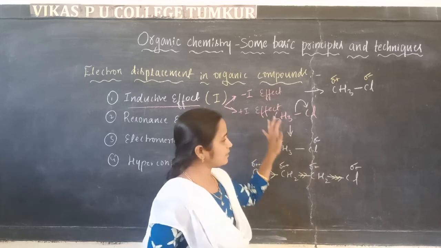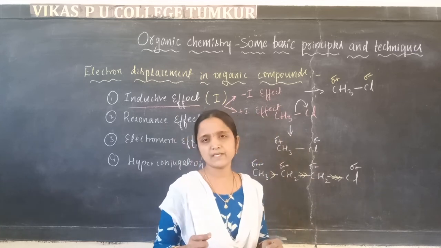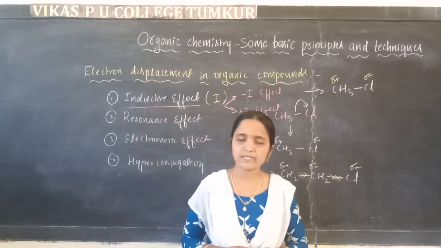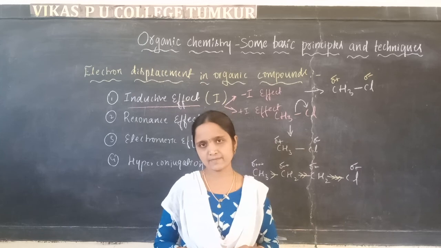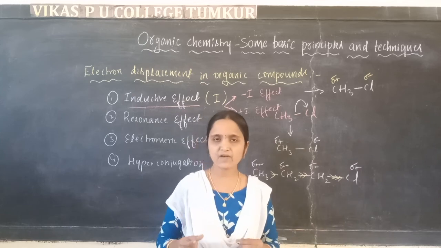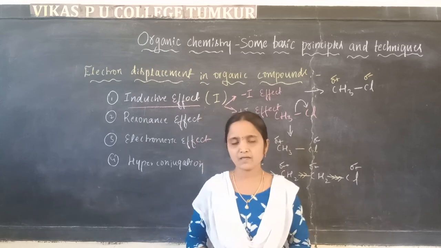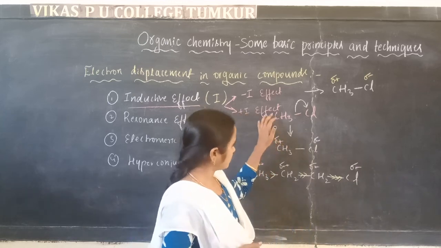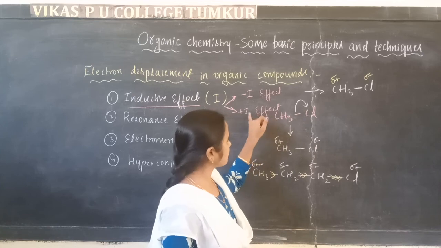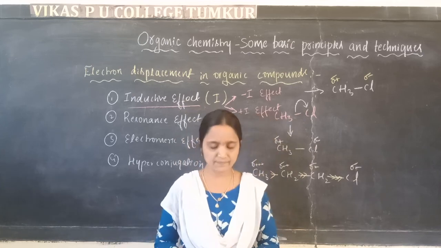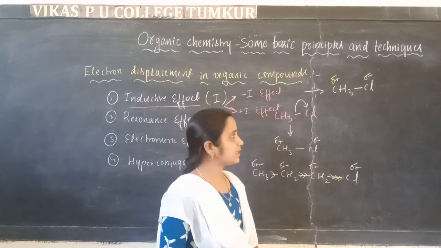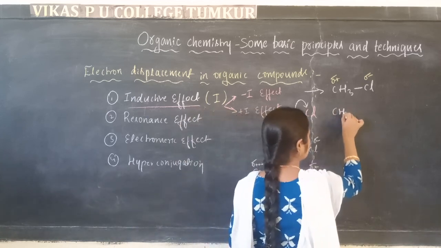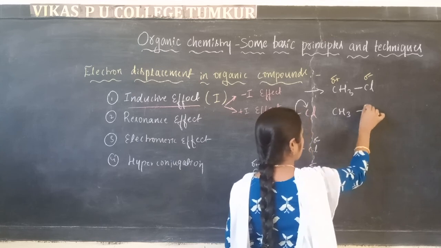The positive inductive effect means that the group attached to the carbon chain is less electronegative than the hydrogen atom. At that time the shared pair of electrons shifts towards the carbon chain, and that effect we call a positive inductive effect. This can be explained using CH3Z, where Z is a general representation.